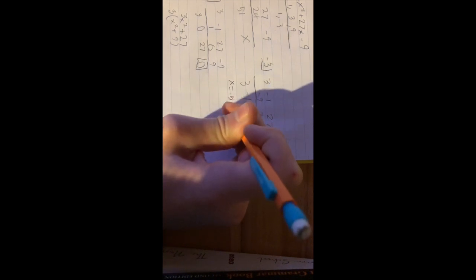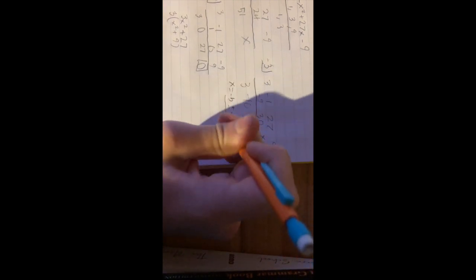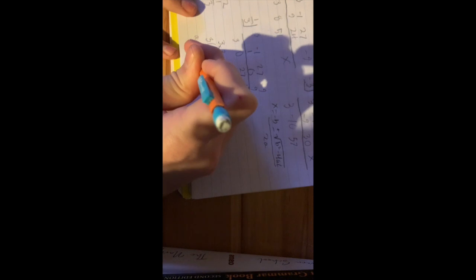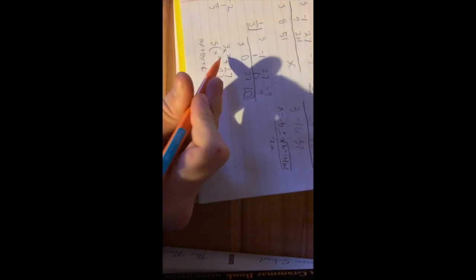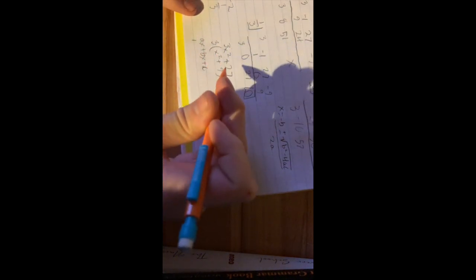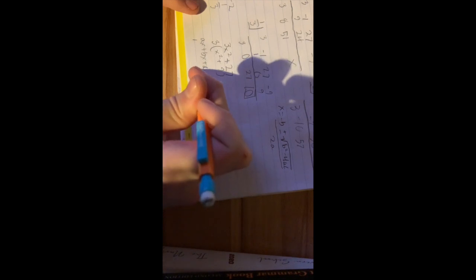So I'm going to have to plug it into the quadratic formula, which is x equals negative b plus or minus the square root of b squared minus 4ac, all over 2a. With ax squared plus bx plus c, a would be equal to 1, c would be equal to 9, which means b would be equal to 0.